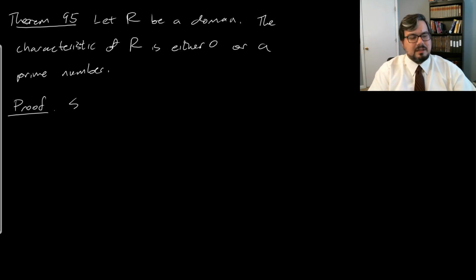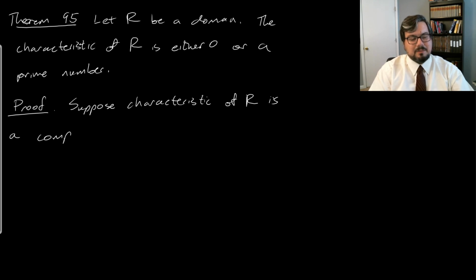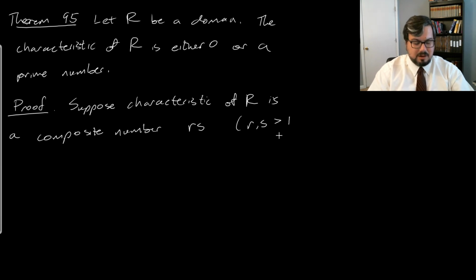Let's see this. Let's suppose the opposite. Let's suppose that the characteristic of R is a composite number, RS, where R and S are both integers, and they're both greater than 1.